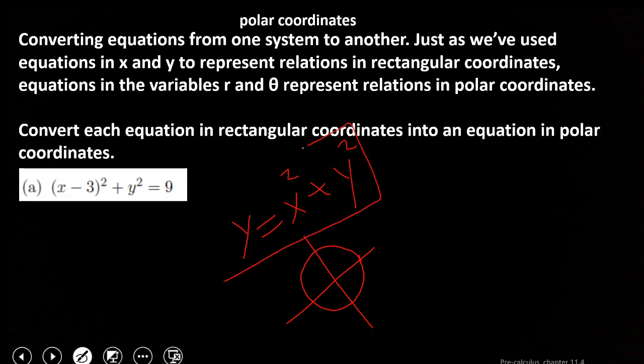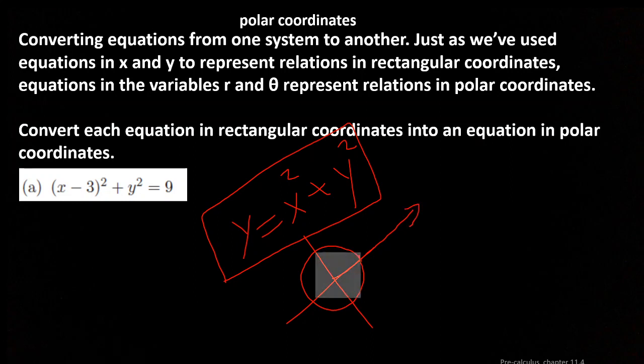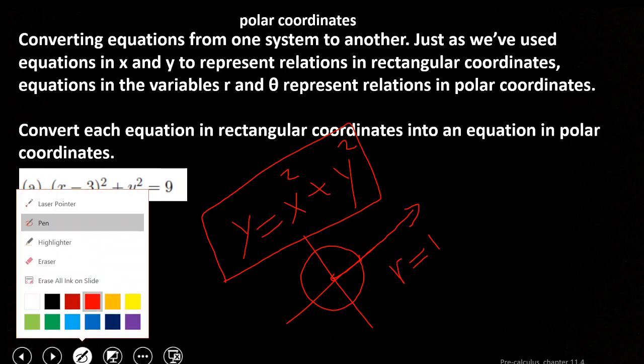But what is the equation of this in polar form? It would be really easy if you write it in polar form. If you consider this to be the polar axis and the origin is the pole, then basically what you have to do is just write r equals 1.